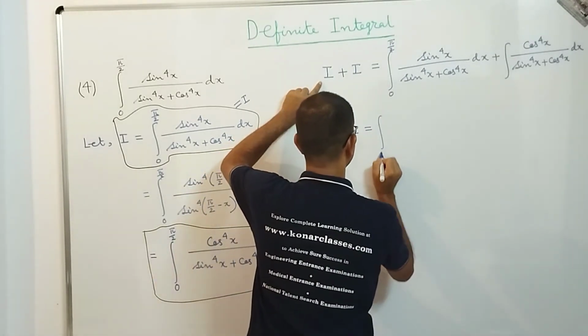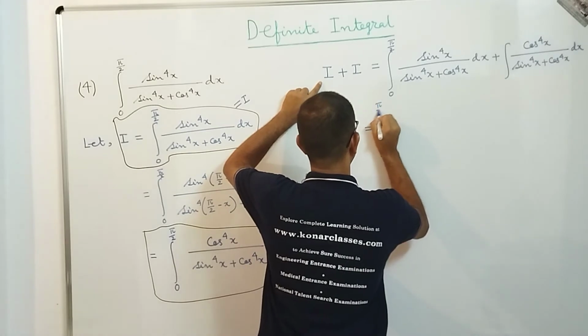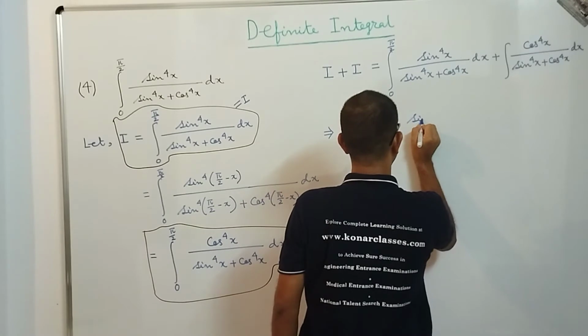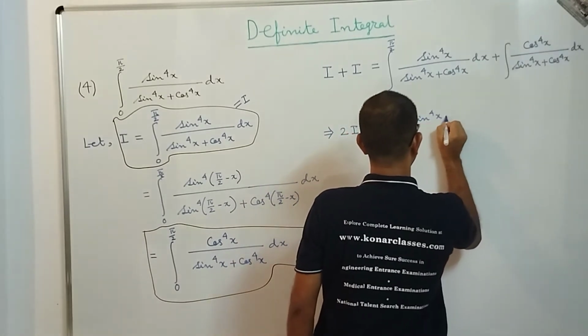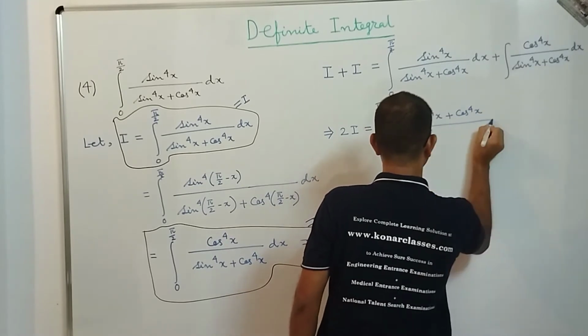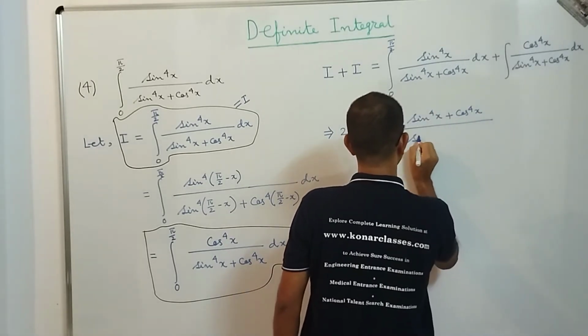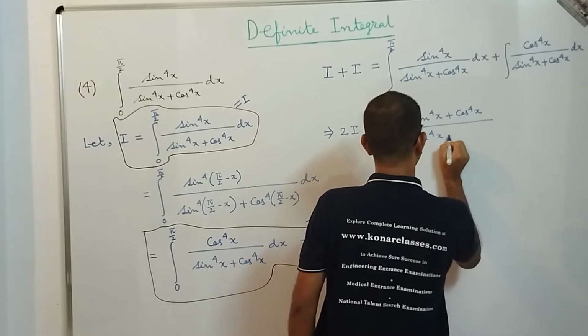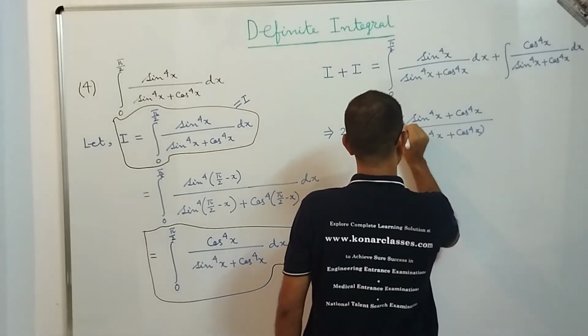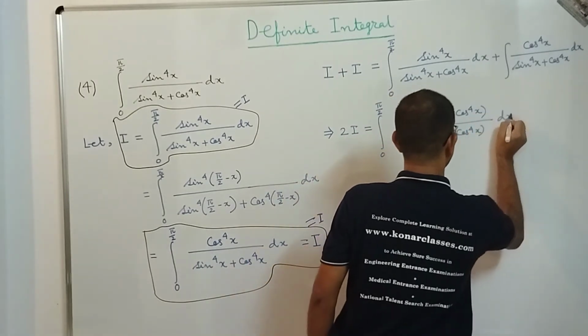2I is equal to integration 0 to pi by 2, in the numerator sine to the power 4x plus cos to the power 4x, divided by the denominator also sine to the power 4x plus cos to the power 4x, dx.